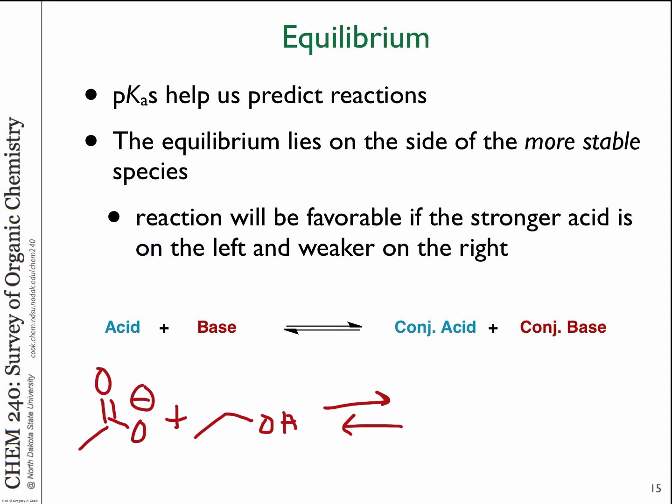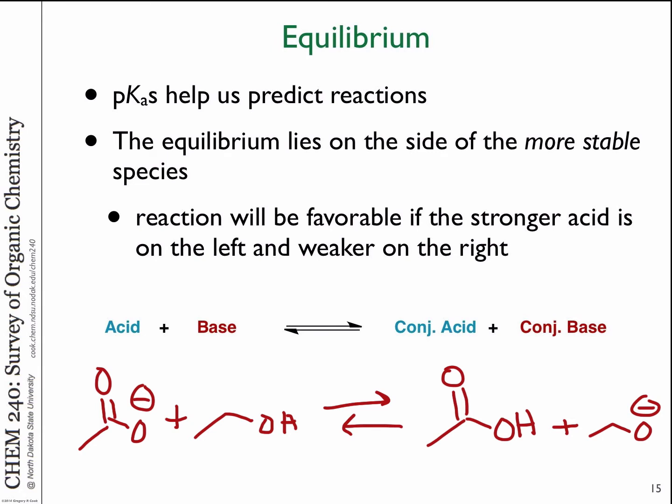Acetate anion, there's no proton there, so it can't act as an acid here. So the only reaction that can take place is the proton from here transferring to the acetate. That would form on the other side of the equation, the way I've drawn it here, the conjugate acid, which would look like that.